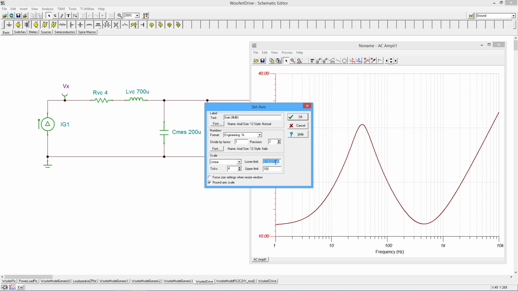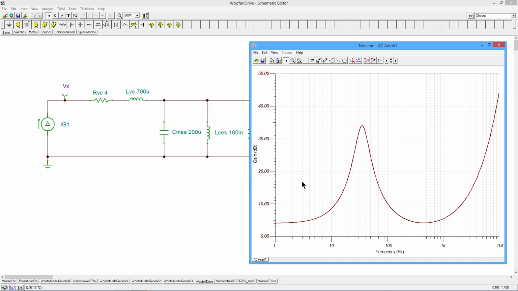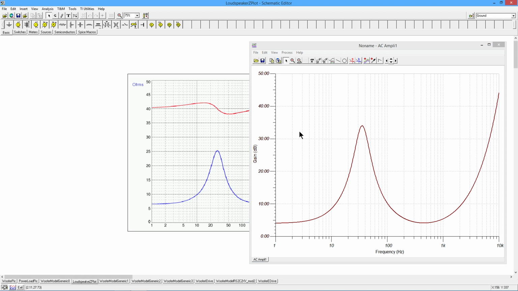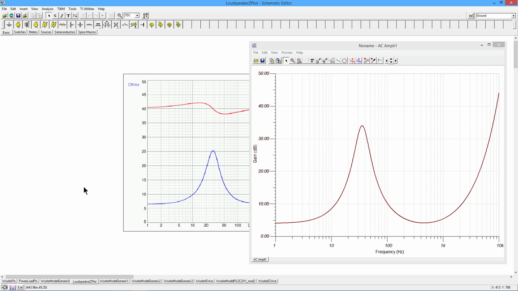And I want it to start at 0 and go up to a reasonable value, maybe, I don't know, 50 ohms. Okay, so here is my curve. And you can compare that back to what we had for our Z model, right? Matter of fact, let me take this and scooch that over a little bit.